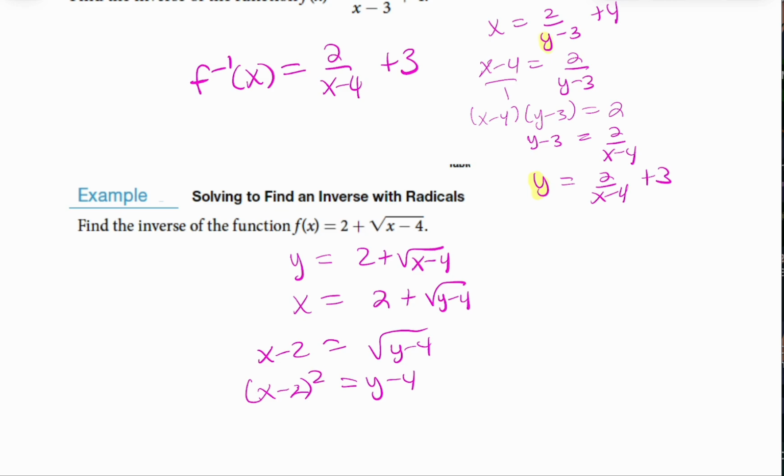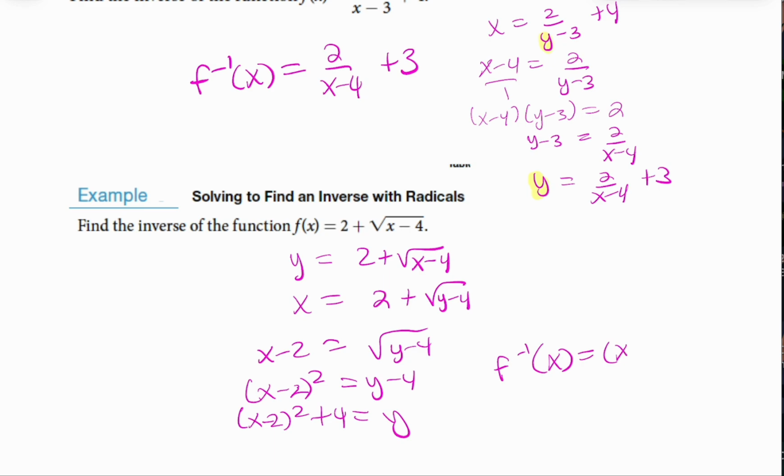Now you could, if you wanted to, actually physically square that, x minus 2 times x minus 2, but you can leave it, and we can just then move this 4 to the other side. Now we move that 4 to the other side by adding 4. So we get x minus 2 squared plus 4 equals y. And now remember, put that in inverse notation.